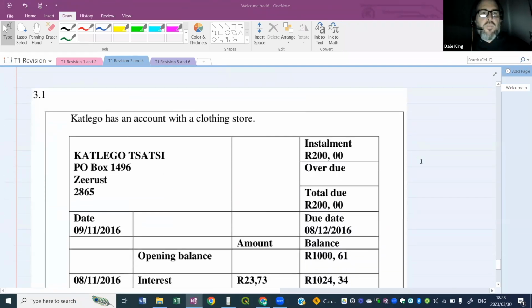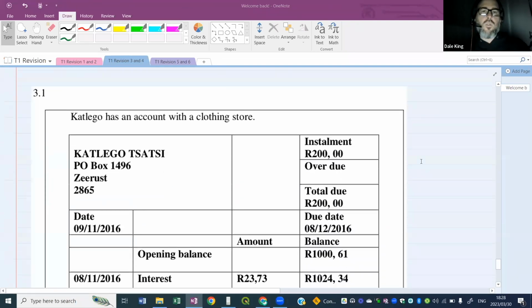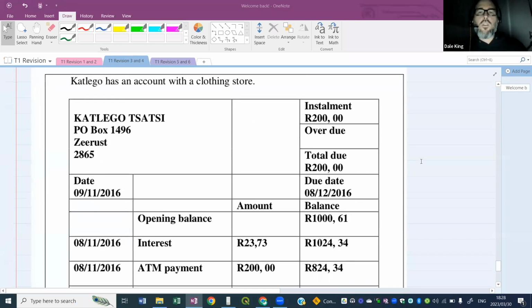So it says here, Katlego has an account with a clothing store. So this is a clothing store account statement. The clothing store sends this to you every single month to show you the account that you have at the store, your balances, what you owe, etc. Now, we're not talking about normal purchases here. We're talking about when you open an account at a store and you buy on account.